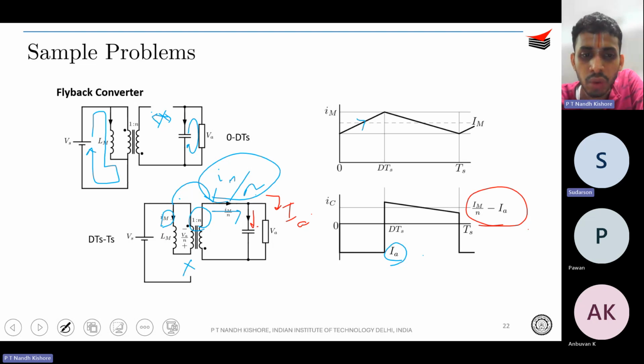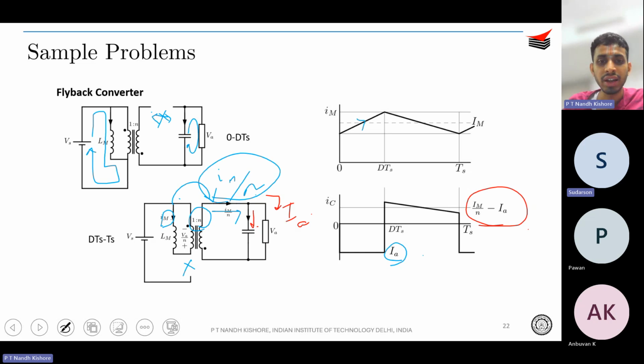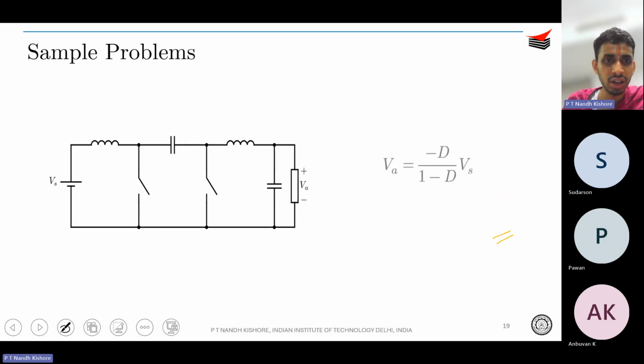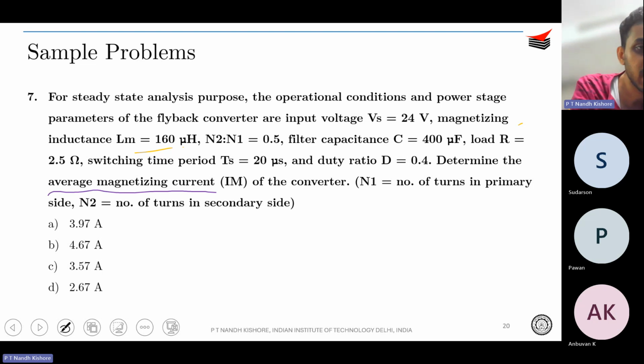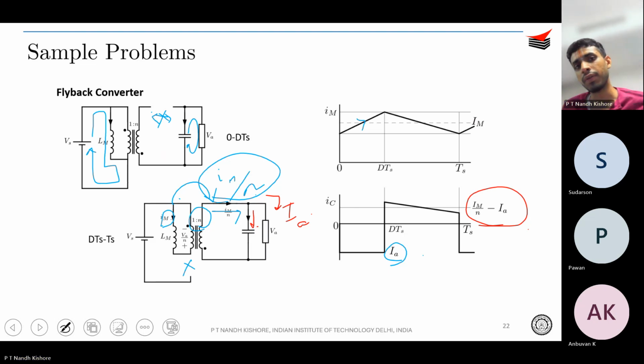So you're of course aware of something known as capacitor charge balance, right? Under steady state, they have given in the question itself that it is steady state analysis. Under steady state, there is capacitor charge balance, that is, how much the capacitor charges during the on period is equal to how much the capacitor discharges during the off period. The net charge gained by the capacitor over the entire interval is going to be zero.